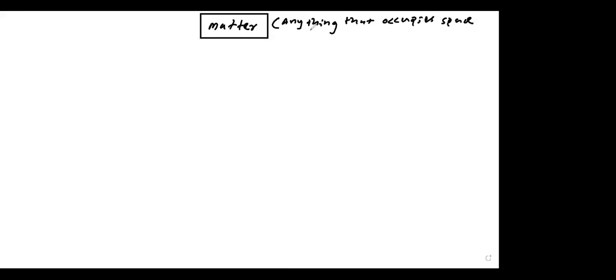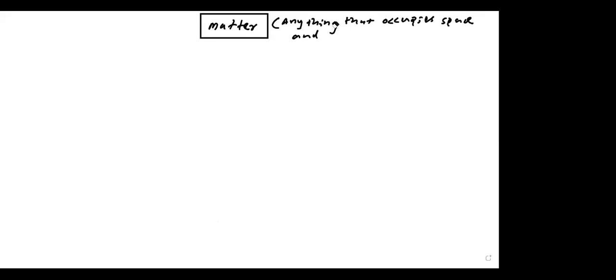Matter means anything that occupies space and has a mass.